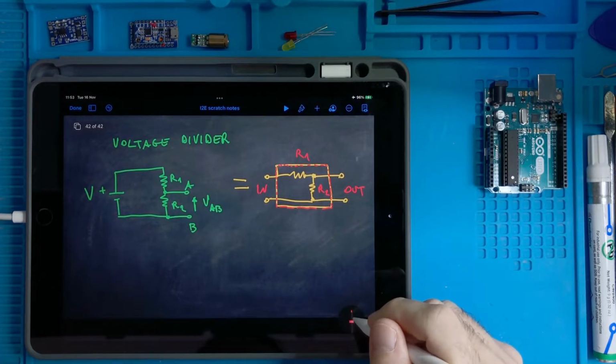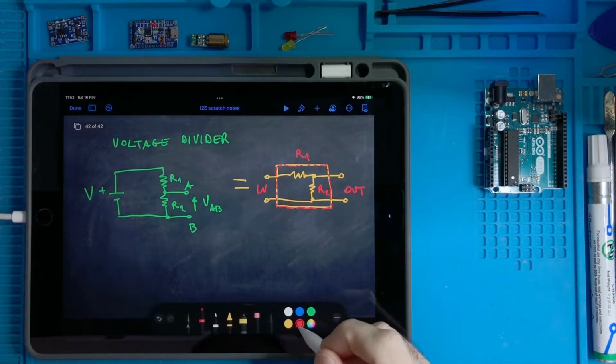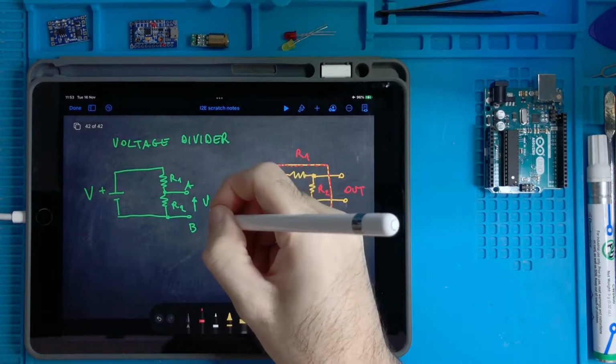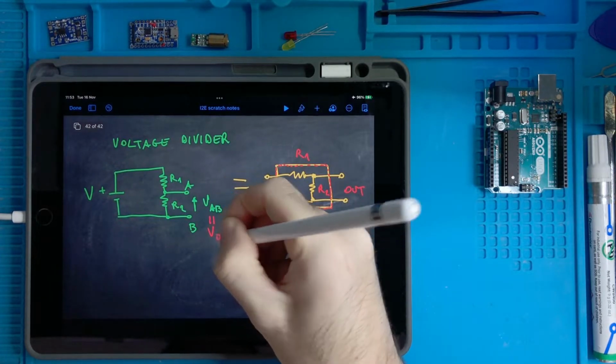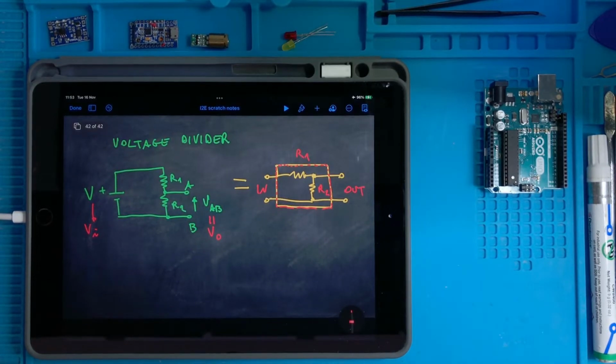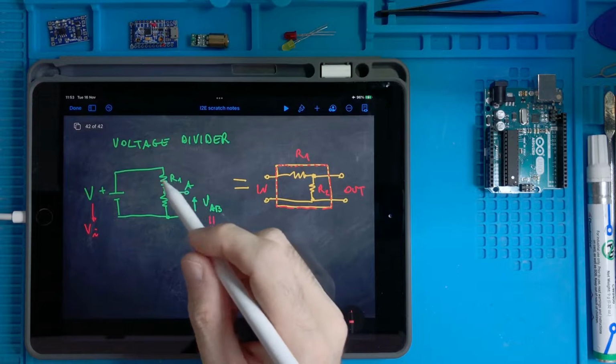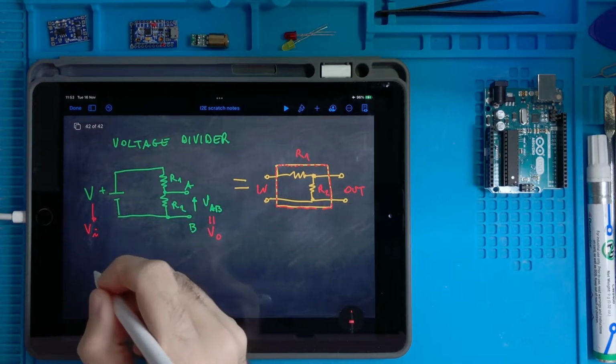Okay, so let's calculate the output. Now I call this V output and this V input. This is very simple because I can simplify this circuit like this.